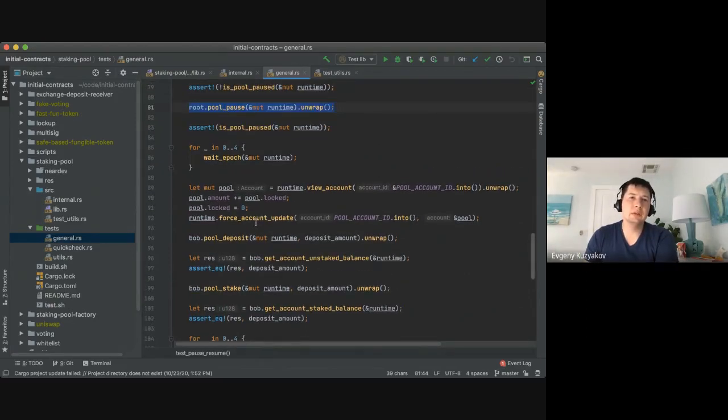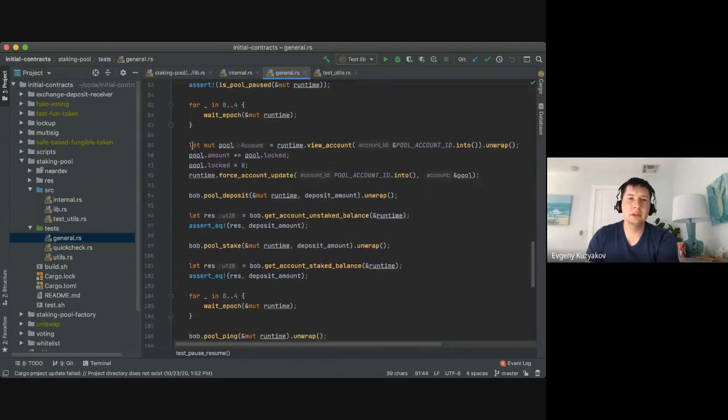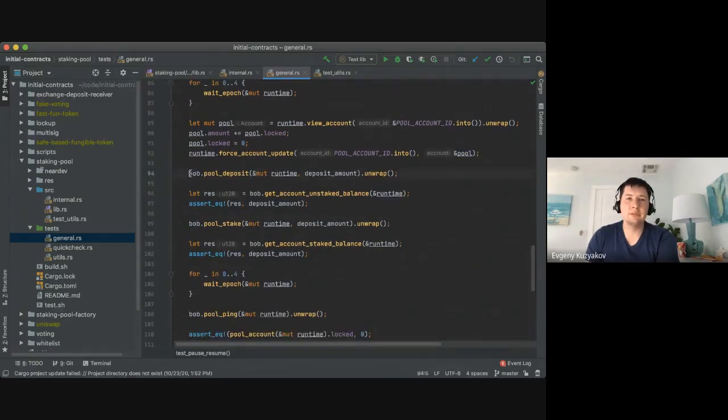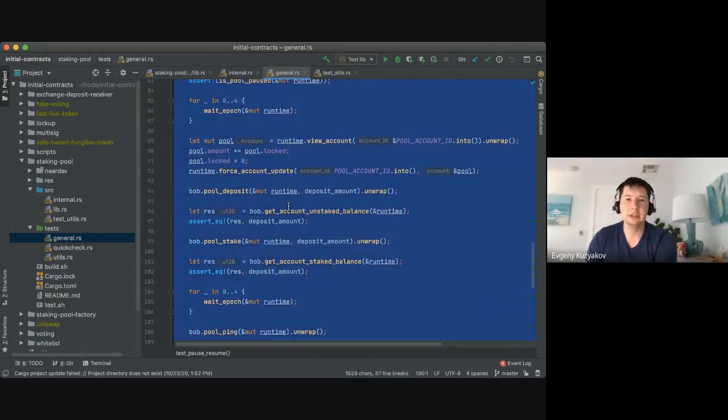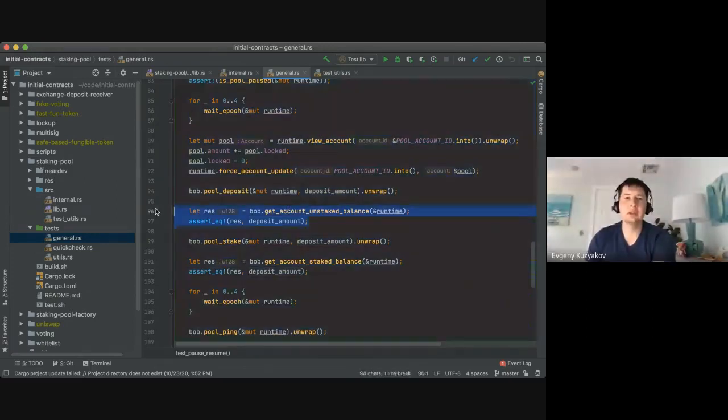But the idea of how it works is, Bob is the delegator. Bob called pool deposit, which deposits the amount using the deposit method. Then Bob can verify the stake balance is working.